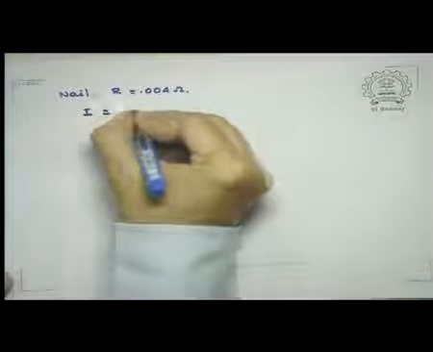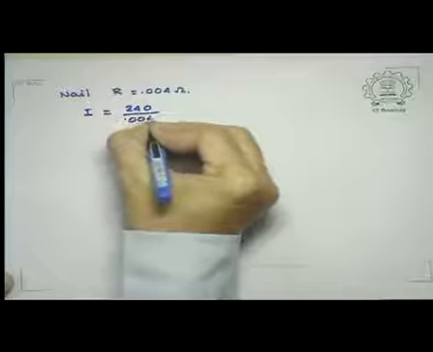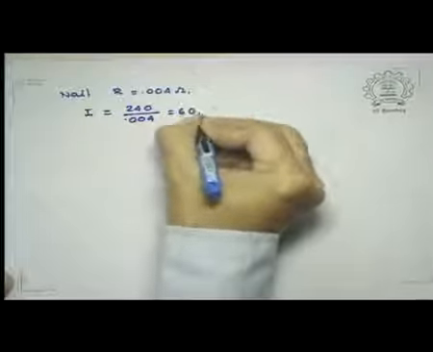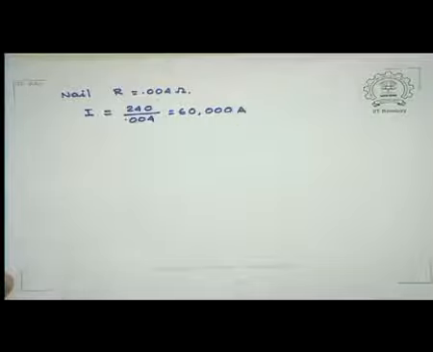Suppose my mains is 240 volts, then the current that you generate would be 240 divided by 0.004, which is equal to 60,000 amperes. No household supply can take this larger current, and the fuse, if it is there, or an MCB will trip. So what does one do?